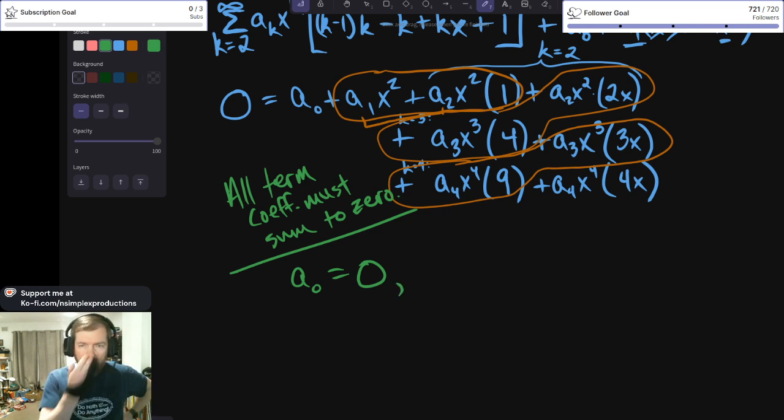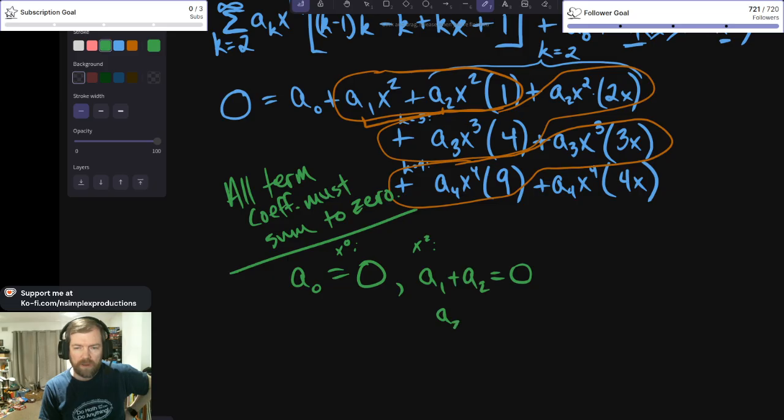Then, when x is equal to 1, nope, not doing that yet. Okay, in x squared, we have a sub 1 plus a sub 2 must also be equal to 0. So therefore, a2 is negative a1.